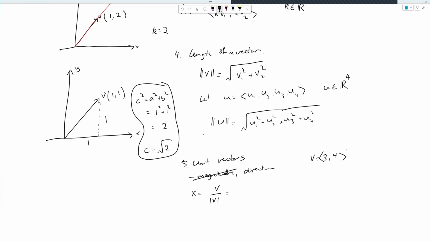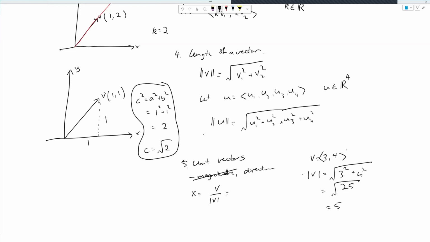Then the unit vector x is equal to 3 and 4 divided by the length of v. Okay, so before we use this formula, let's find what the length of v is. The length of v is equal to the square root of 3 squared plus 4 squared, which is equal to the square root of 9 plus 16, which is the square root of 25, which is then equal to 5.